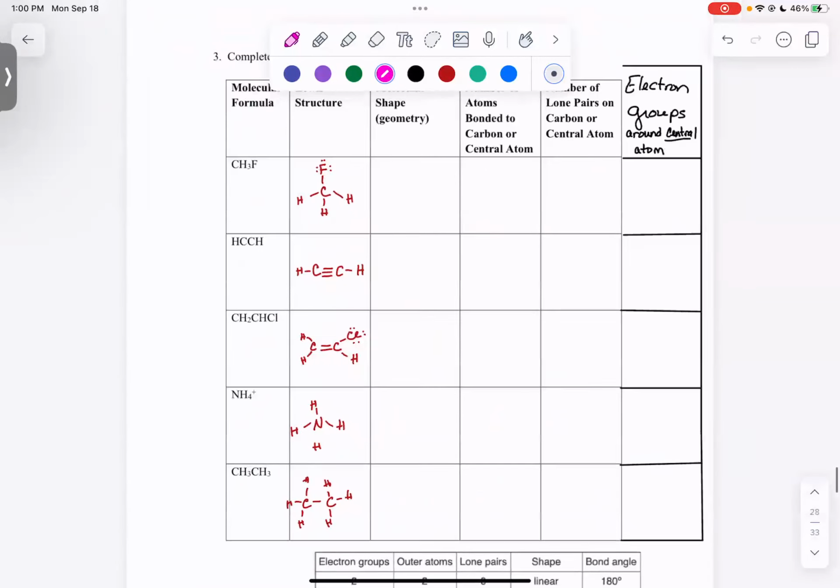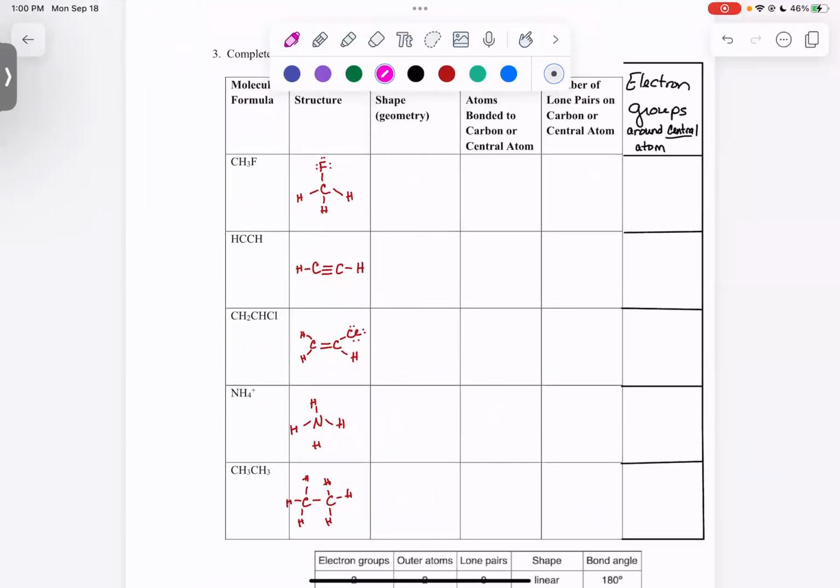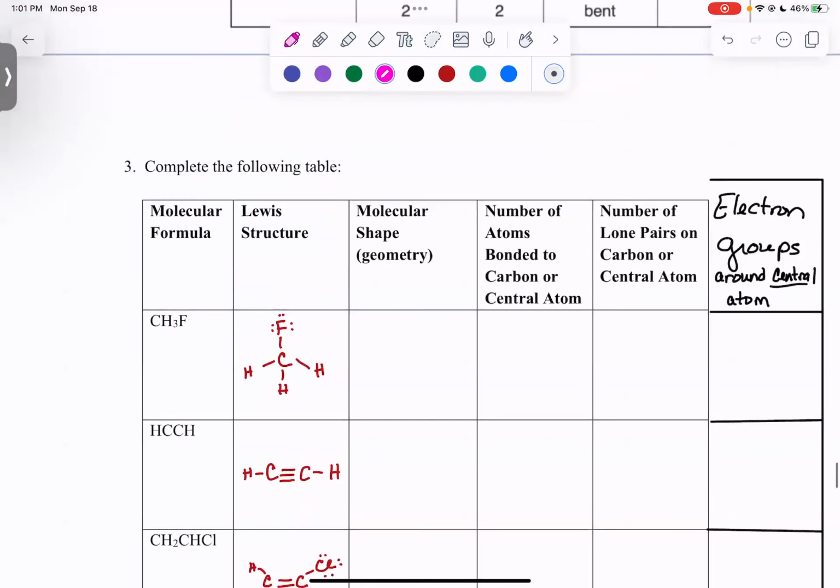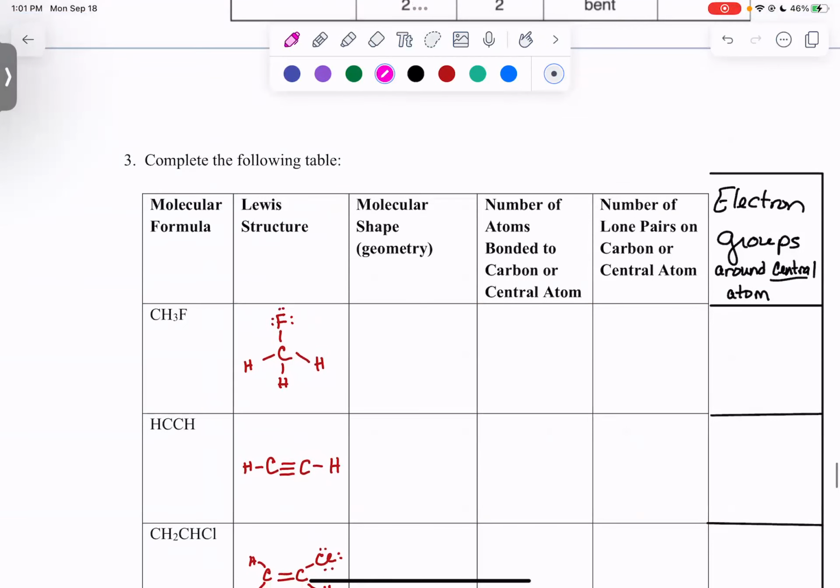Okay, the next one we're going to do, I'm assuming that you know how to draw the structures. So I'm going to go in with the structures drawn and just fill this table in. So if I look here at this carbon, it's got 4 different things around it. It's got 1, 2, 3, 4 electron groups.